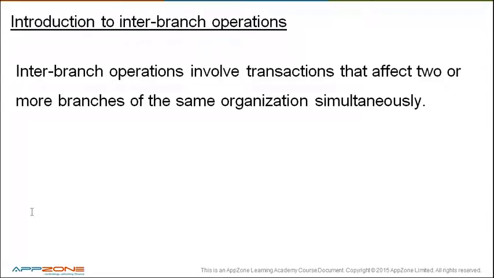Interbranch operations involve transactions that affect two or more branches of the same organization simultaneously. What interbranch operation makes possible is that, particularly within the financial sector, it is possible for the customer of a branch to transact in the branch of that same bank in another state.